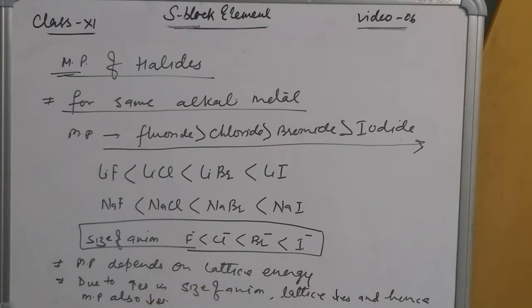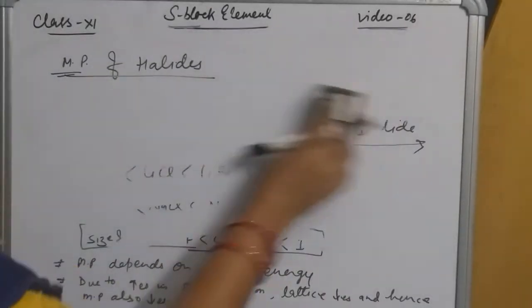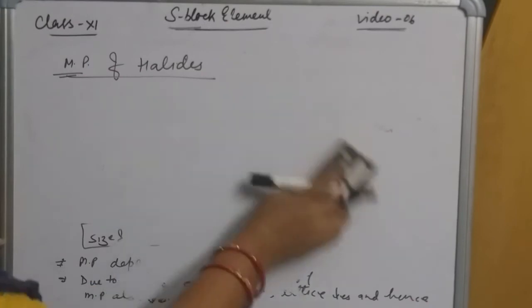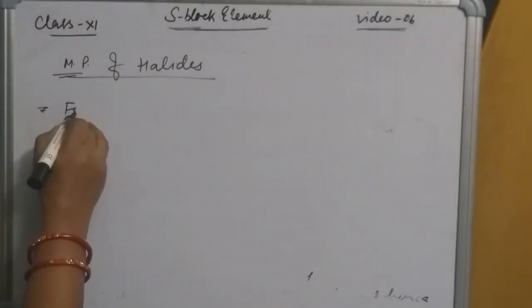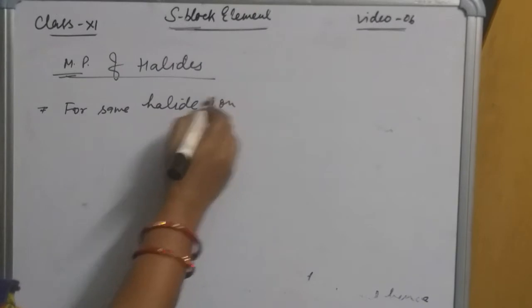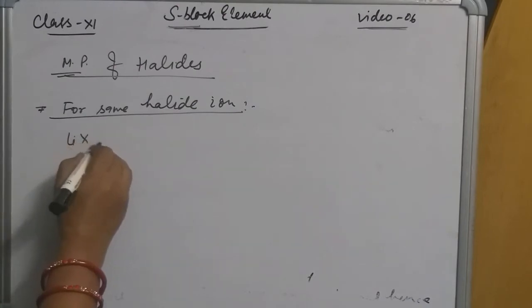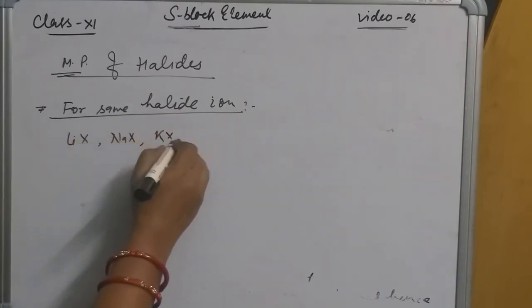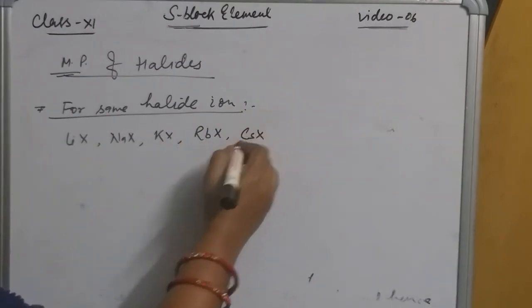This is for the same alkali metal. In the next case, for the same halide ion, we have lithium halide, sodium halide, potassium halide, rubidium halide, and cesium halide.